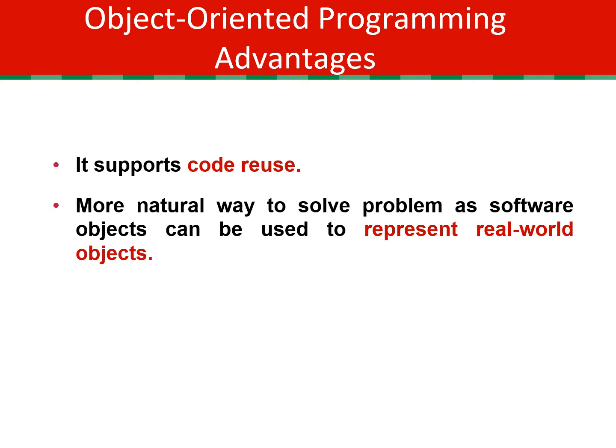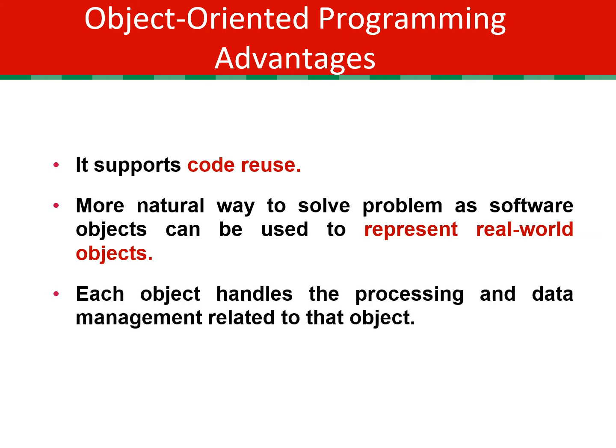Programming in this way, where you put data and methods together, represents a real world object. It's like you as a person. You have a name, all the information about you, and what you can do, all in yourself, right? So you don't separate your name somewhere else and what you do somewhere else.